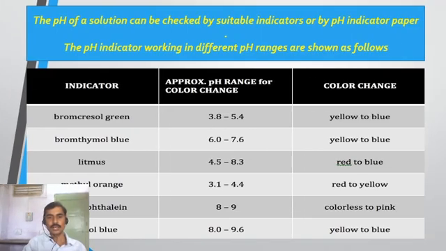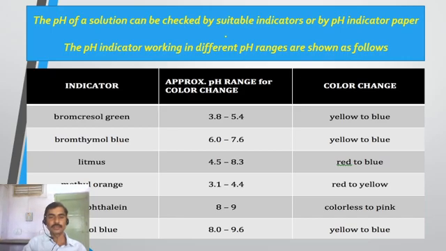This is the table which indicates different pH indicators, their approximate pH range for color change, and the color change.